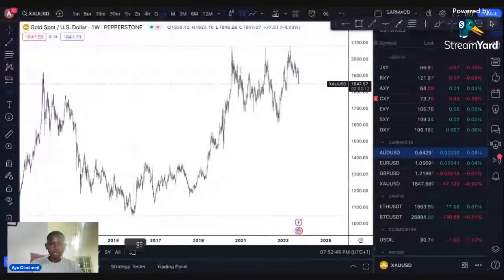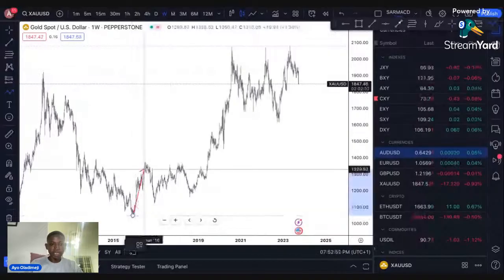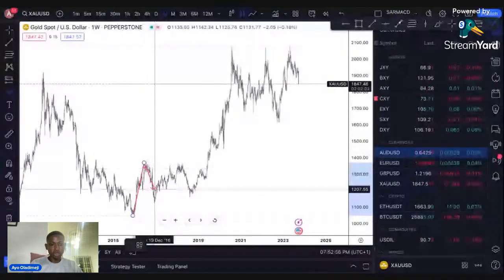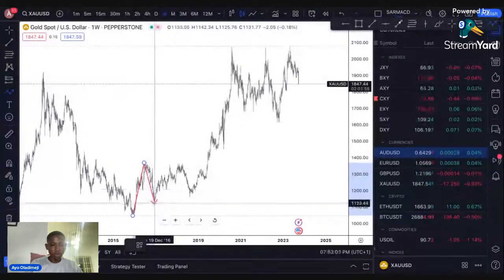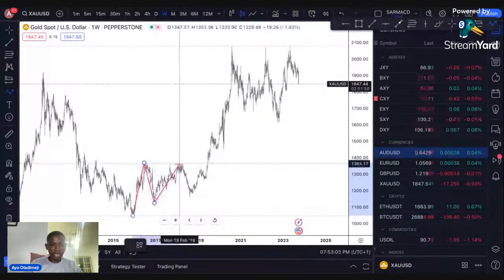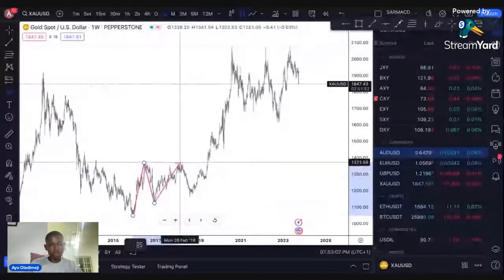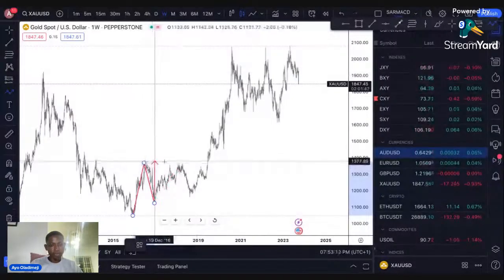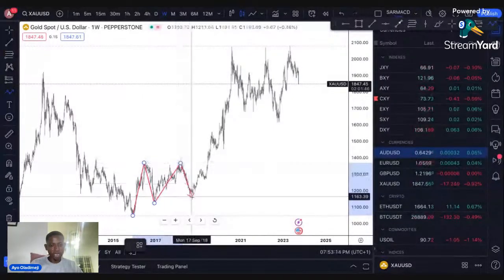So let's look at it together. From here, we see this low, and then it gave us this high. From there, we saw this low. This is a higher low, and then it gave us this high. But you can see, like I told you, this high did not break the previous high, right? It didn't break this high before it went and gave us a higher low.